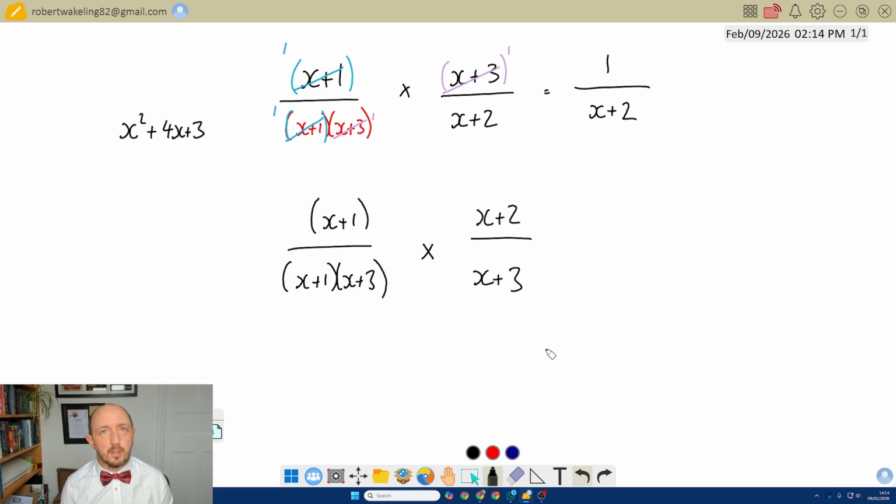Okay, the process is exactly the same. We change it into a times and then we look at the diagonals and see if we can cancel. So dividing fractions, just like with normal numbers, you just convert it into a times fraction.